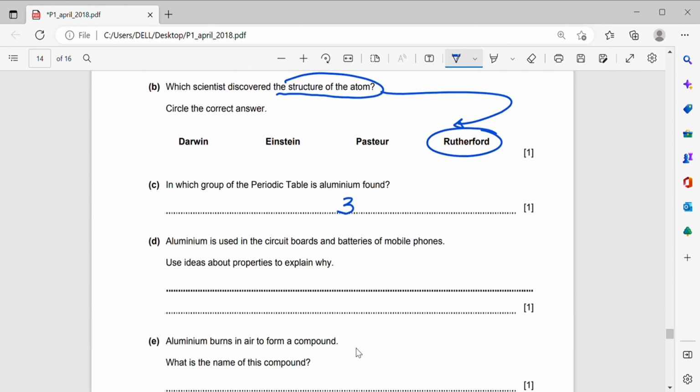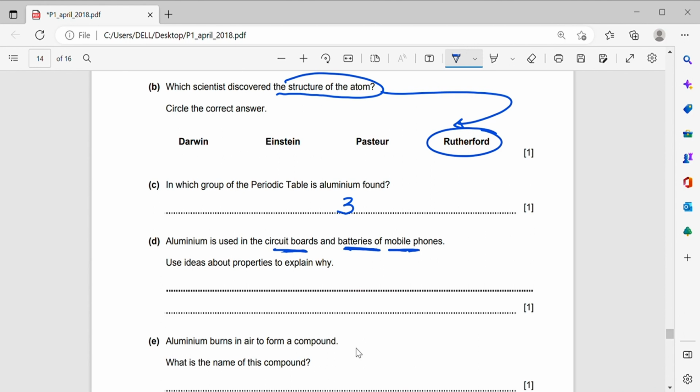Aluminum is used in the circuit boards and batteries of mobile phones. Use ideas about properties to explain why. If I have an element used in circuit boards and batteries, this means what? This means it has good electrical conductivity. Also, it is ductile and flexible.